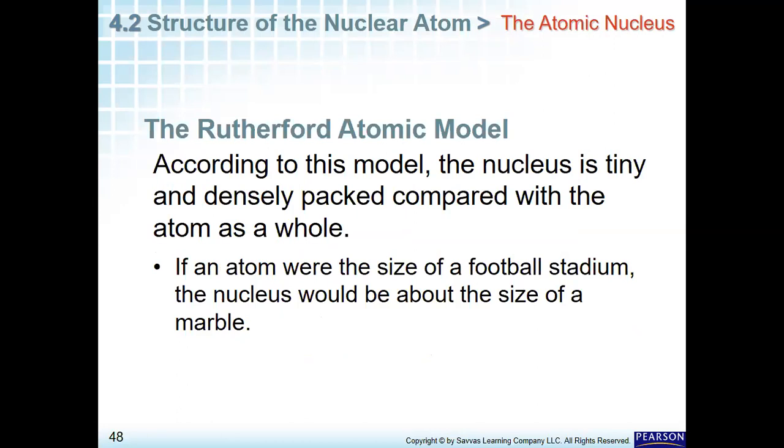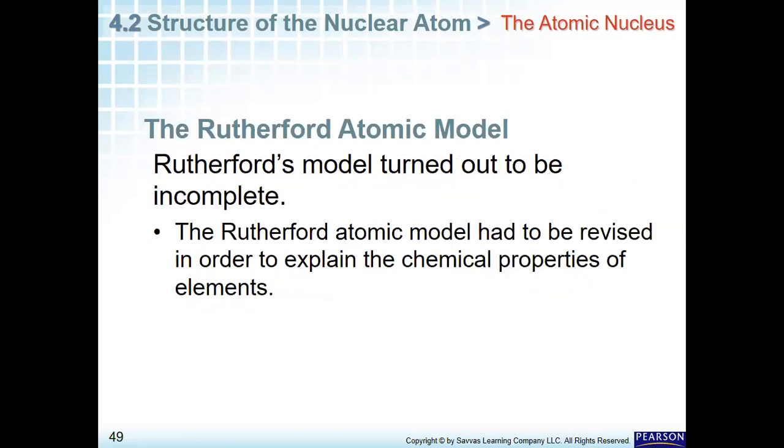If an atom were the size of a full stadium, the nucleus would be the size of a marble. The nucleus is really too small relative to the whole atom size.